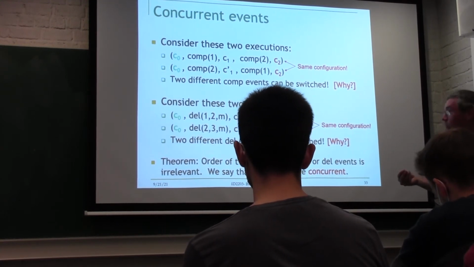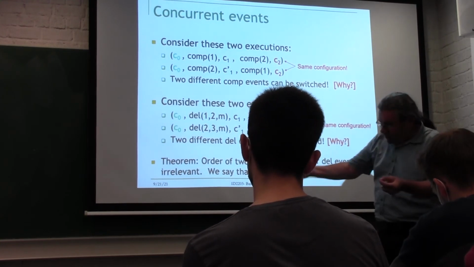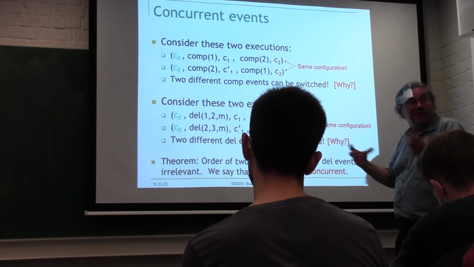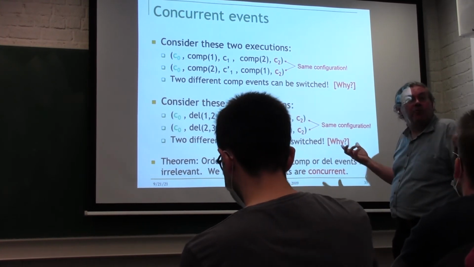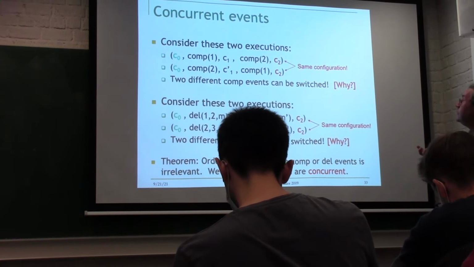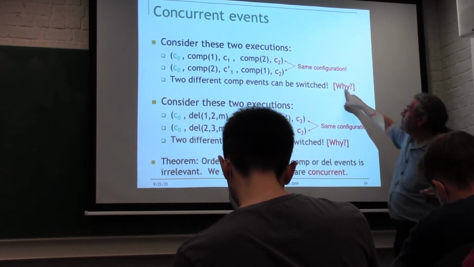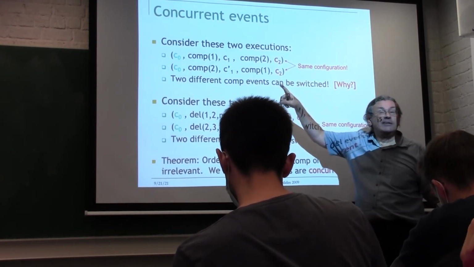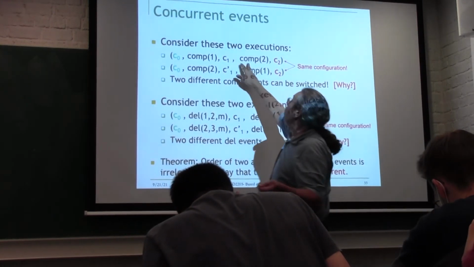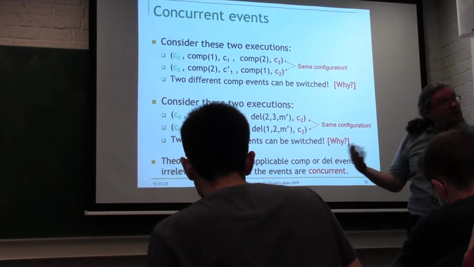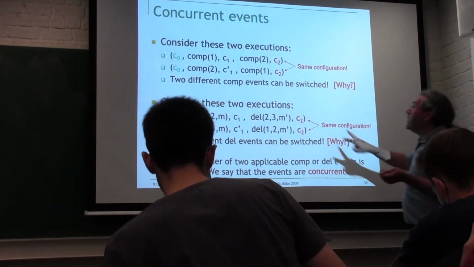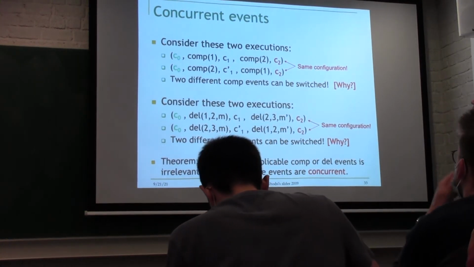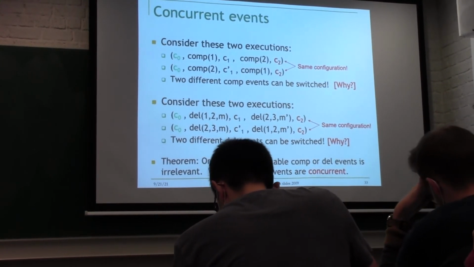Either the first one does its step and then the second one, or the second one and then the first one. So those two events are independent. Doesn't matter which one is done in which order. So these two events, comp1 and comp2, are called concurrent because I can flip them around in the execution and it doesn't affect anything.